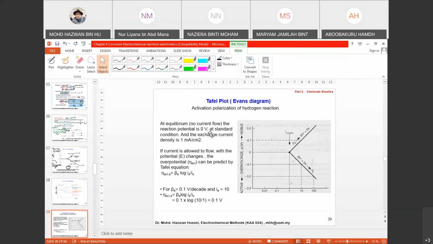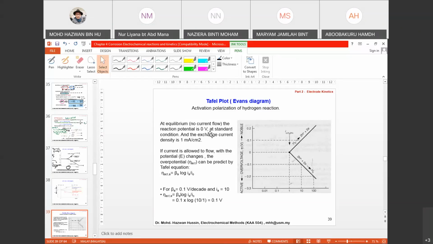All right, so this is the example. If you have an activation polarization of the hydrogen reaction, where at equilibrium, when no current flows, the reaction potential is equal to 0 volt at standard condition, and the exchange current density is equal to 1 milliampere per centimeter square. If the current is allowed to flow with the potential change, the overpotential can be predicted by the Tafel equation.